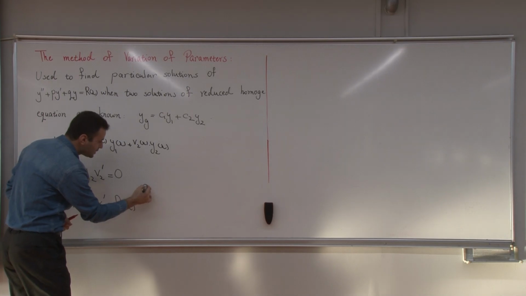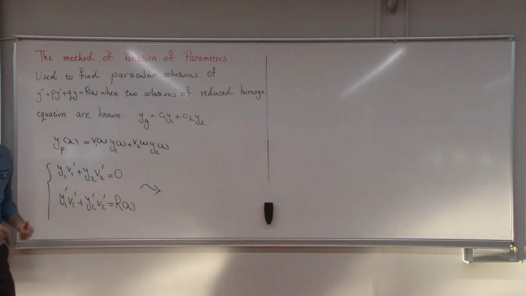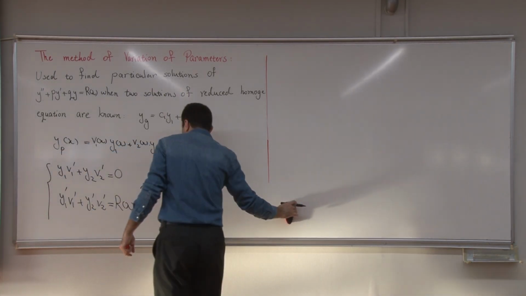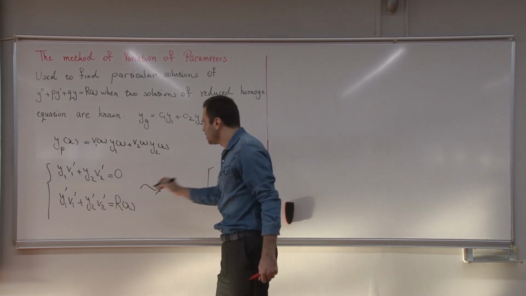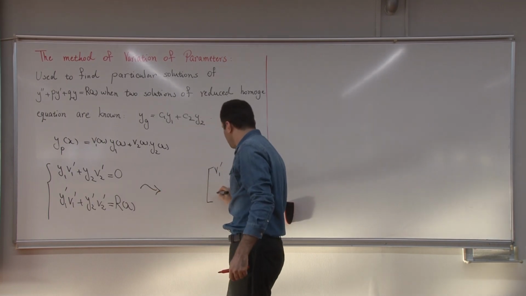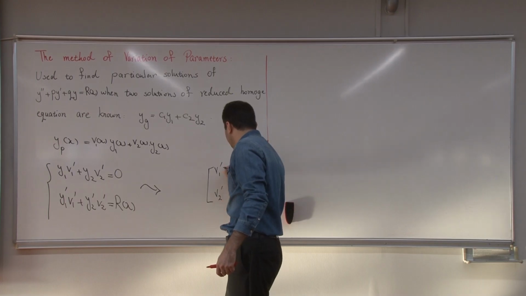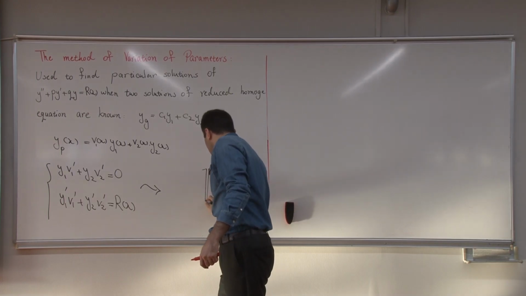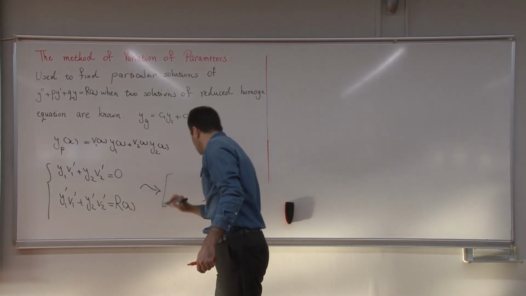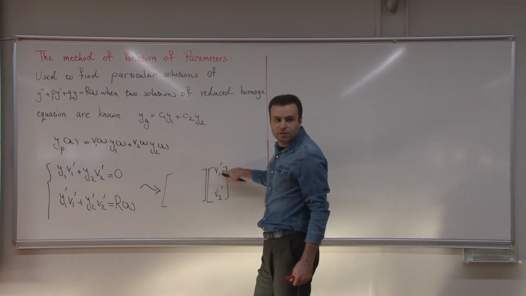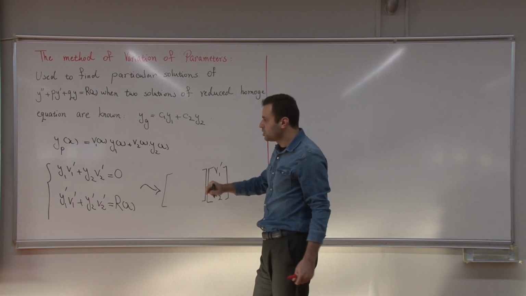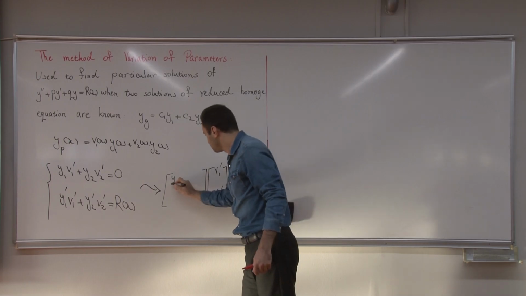Can I write this in matrix form? My unknowns are v1 prime and v2 prime. The matrix of coefficients: what is the coefficient of v1 prime in the first equation? y1.